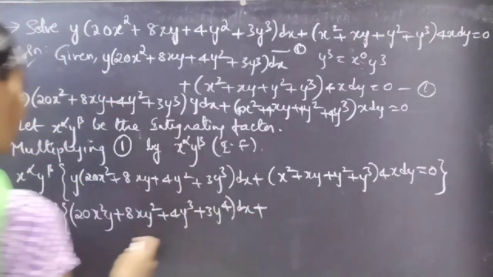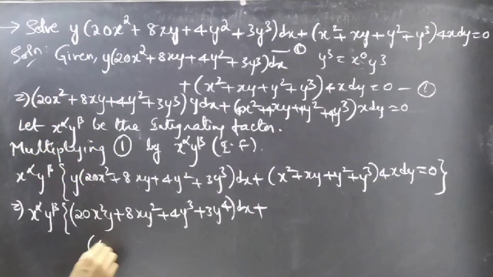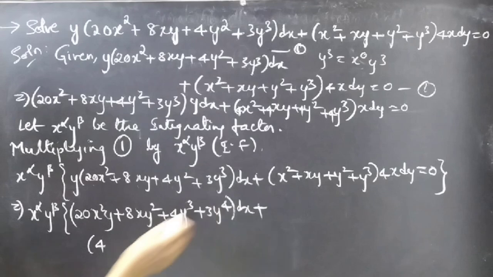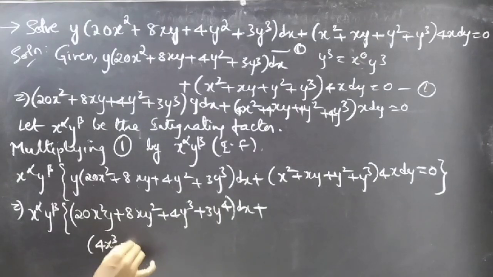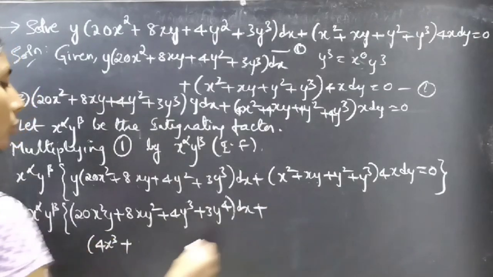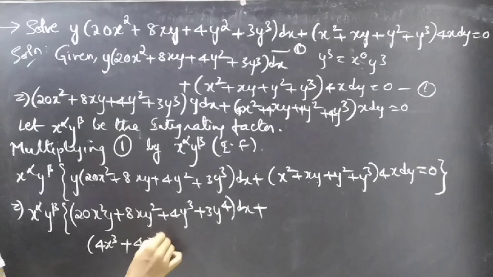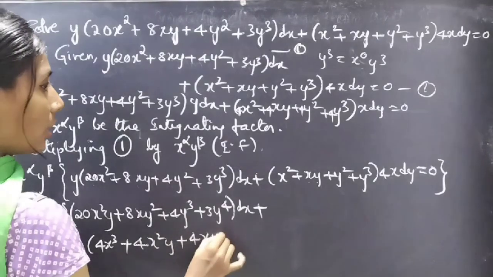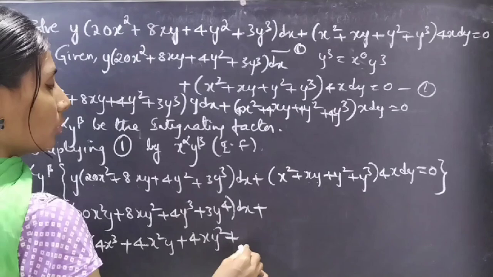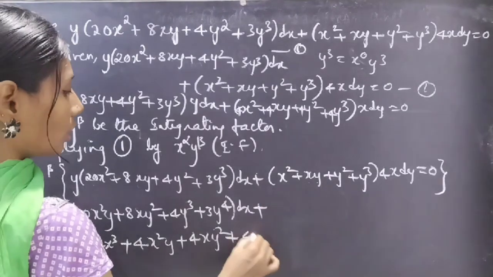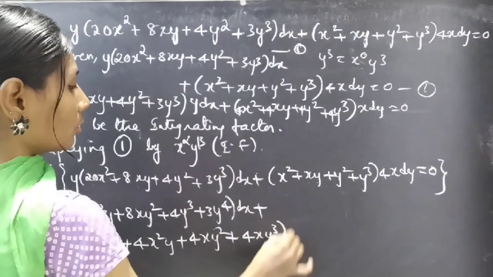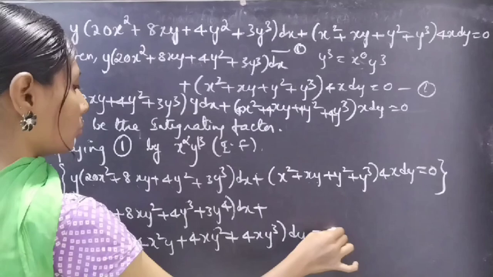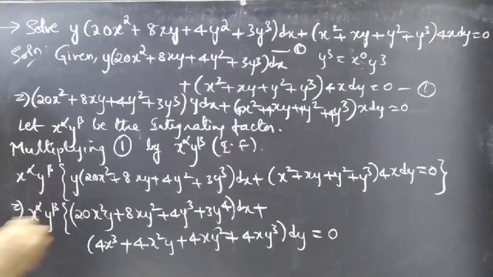Then we'll get 4x into x² gives 4x³, plus 4x into xy gives 4x² y, plus 4x into y² gives 4xy², plus y³ into 4x gives 4xy³, into dy equal to 0.